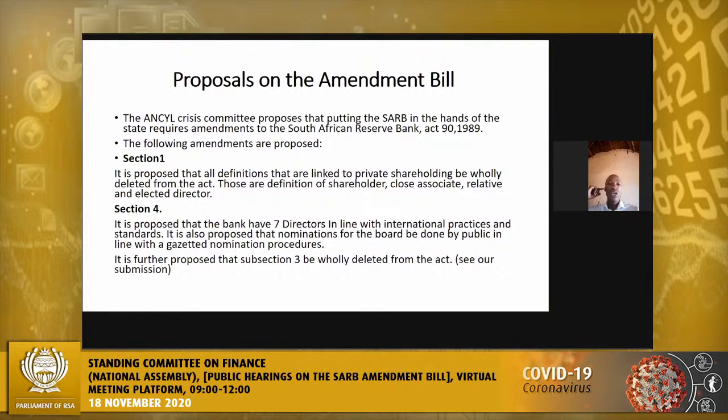If you check our written submission, not the PDF, not the PowerPoint one, but our Word submission that we have made to you, we are saying that in line with the international practices and standards, we must remove 7 shareholder-elected directors from the Reserve Bank.